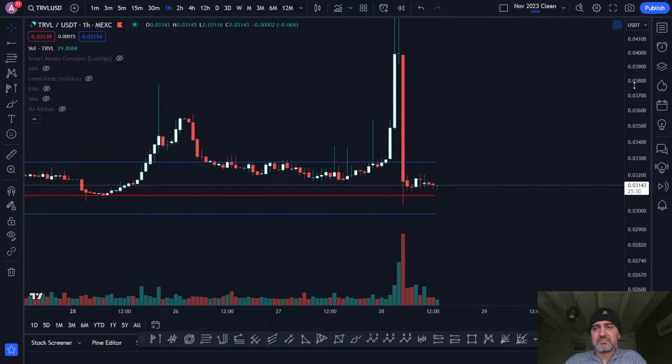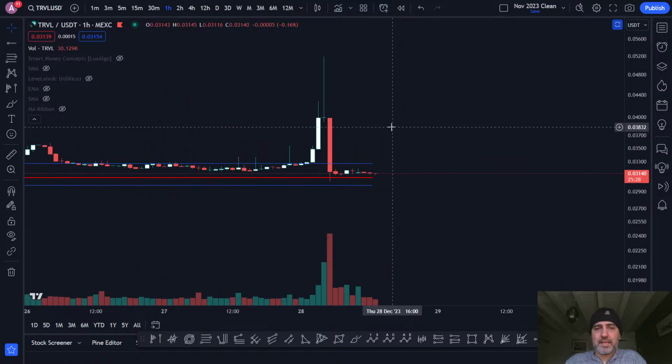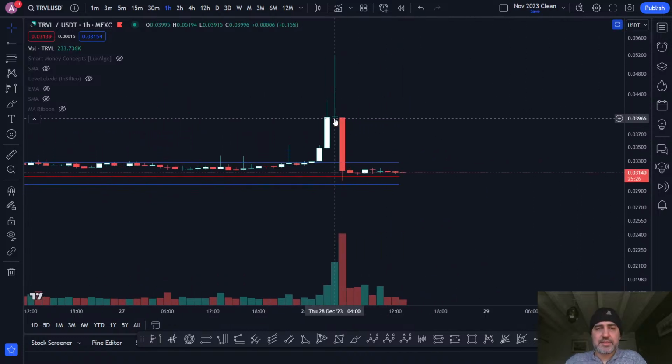It's not much. Until it finally went up to this level, 233. So only 470,000 tokens were bought up right up to this level up here.